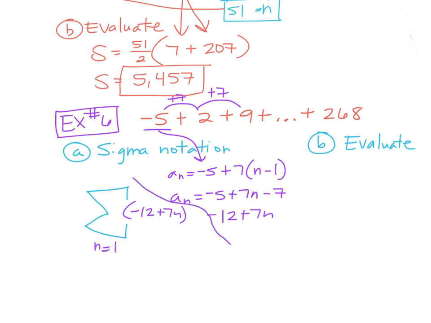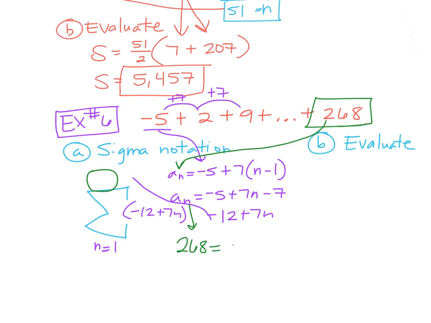But we still need to figure out what goes up here, right? And that number, do you remember where that came from? If we take this number, because that is our a sub n, let me erase this a little bit. We're going to drop it right in here. A sub n, so 268, equals our explicit formula.